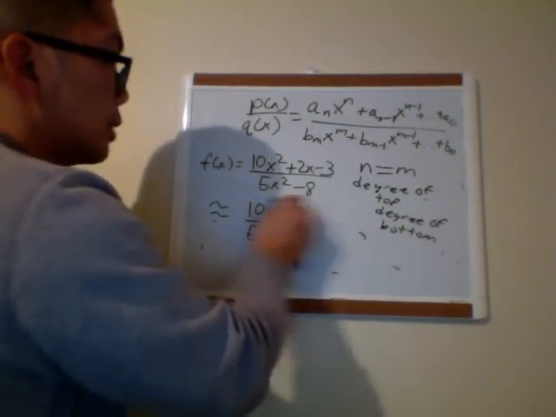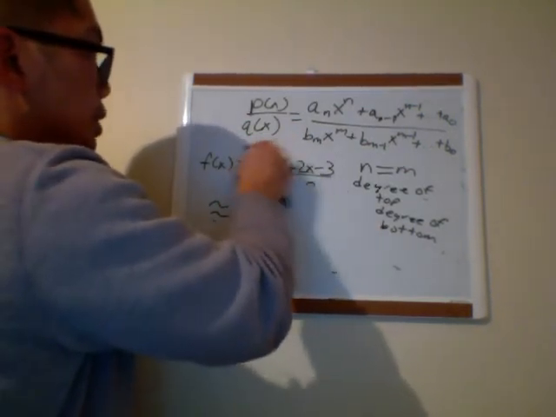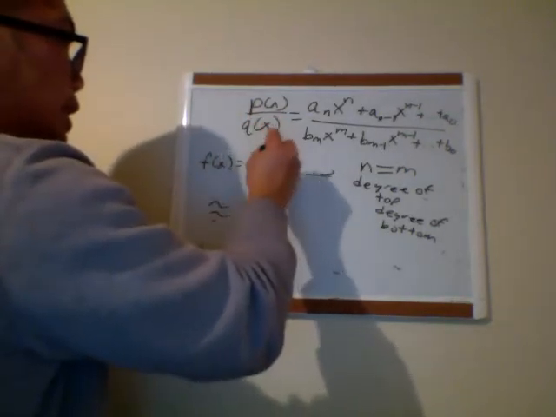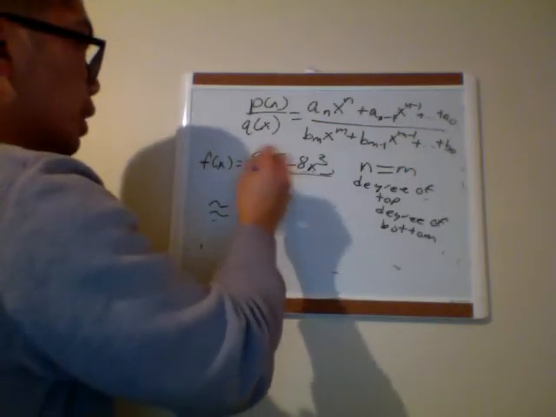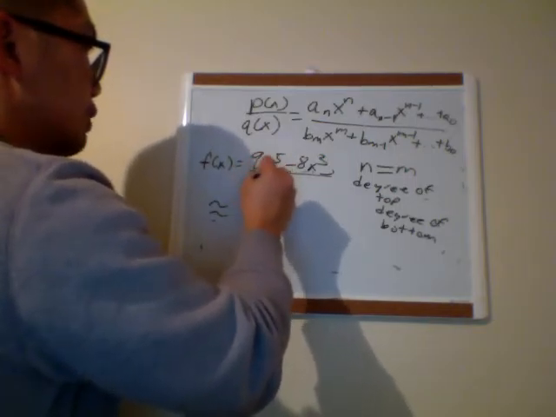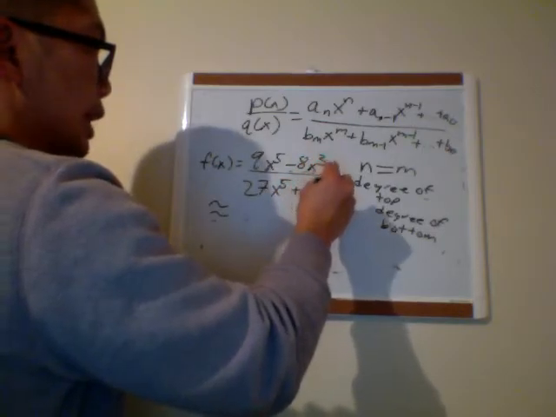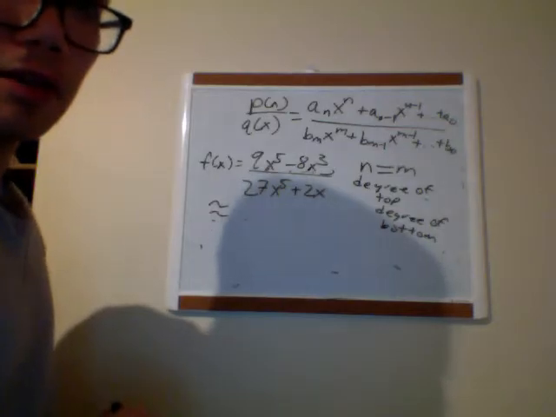for example, if I have my function as 9x to the fifth minus 8x to the third over 27x to the fifth plus 2x. The highest degree is 5 for both.